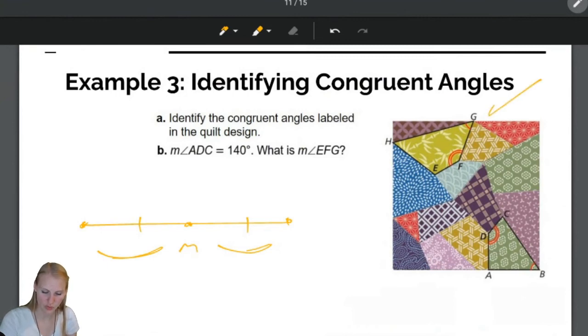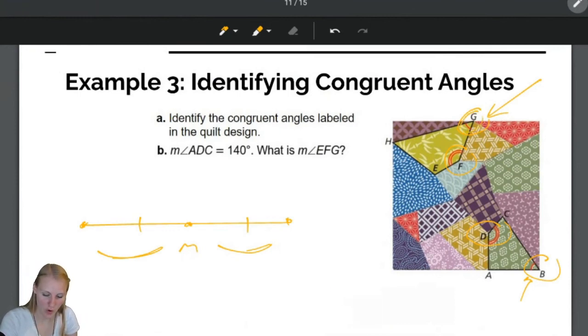Well, do you see these red tick marks here? G has 1 tick mark, B has 1 tick mark, F has 2 tick marks, and D has 2 tick marks. That's how you know that angles are congruent. They're still tick marks, but they're kind of like semicircle tick marks, but we still call them tick marks because it's just a little tick.